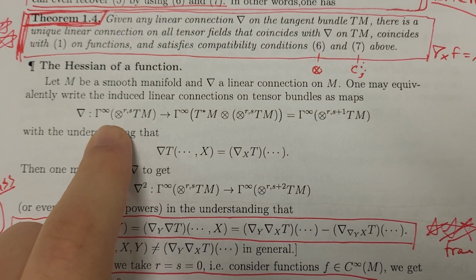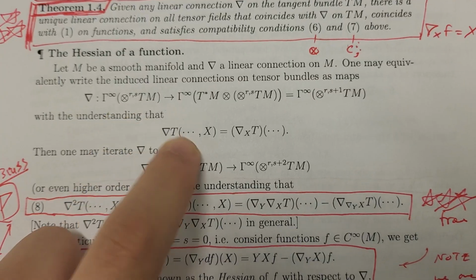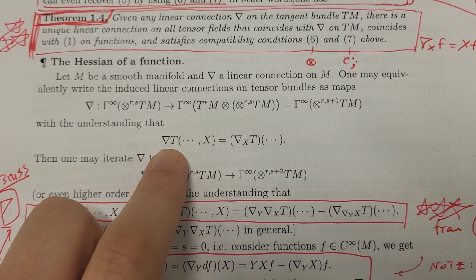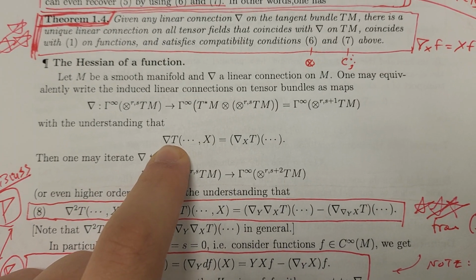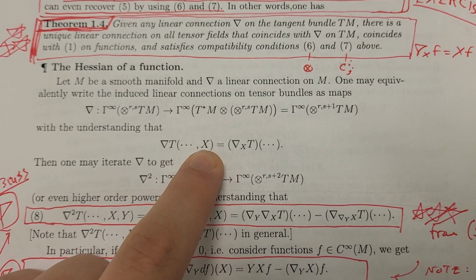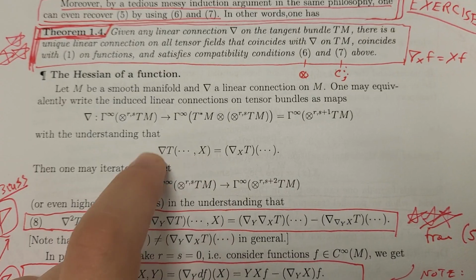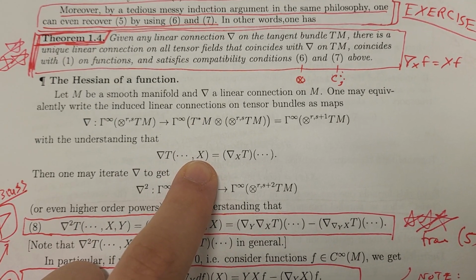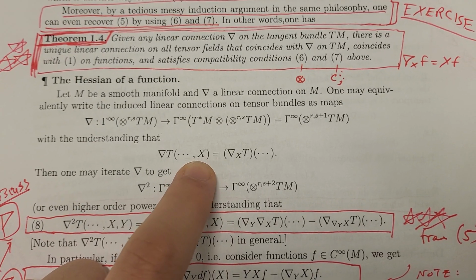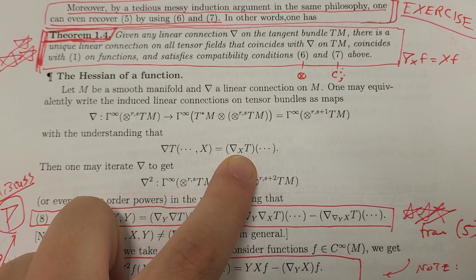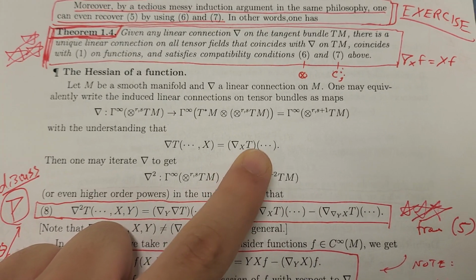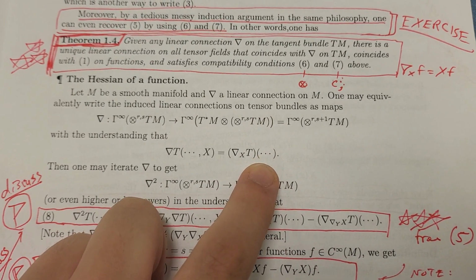So we have this map nabla T, which is now an (r,s+1) tensor field, and the final input vector field X will just result in taking nabla_X T and evaluating it on the (r,s) components.